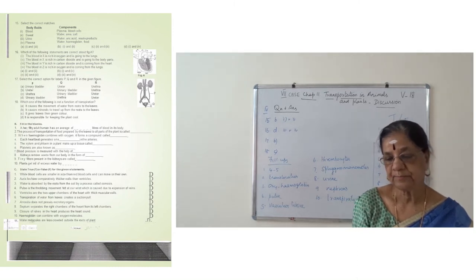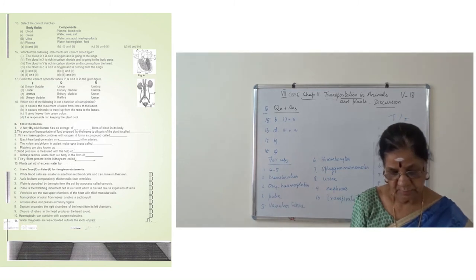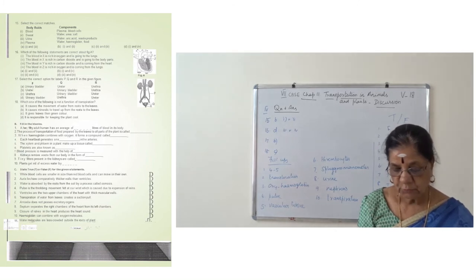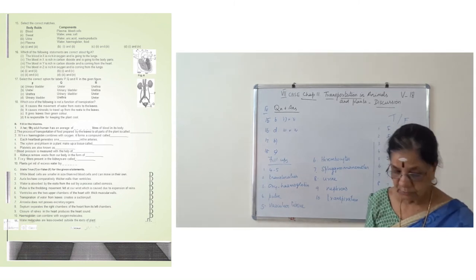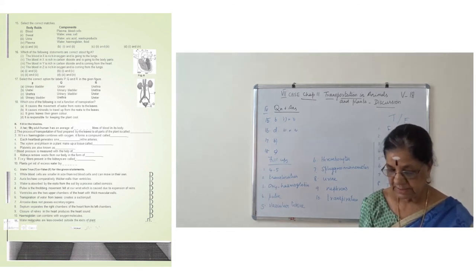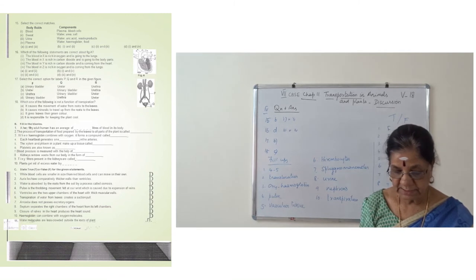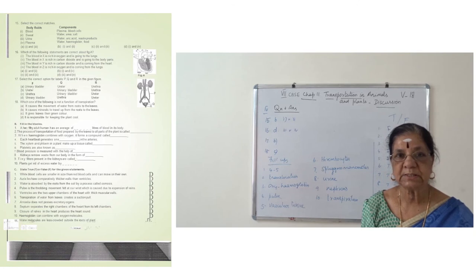I hope you understand. Now next one, fill up. A healthy adult human has an average of 4 to 5 liters of blood in the body. Second one, the process of transportation of food is translocation. The process of transportation of food prepared by the leaves to all parts of the plant is called translocation.